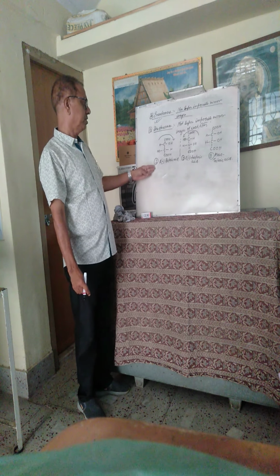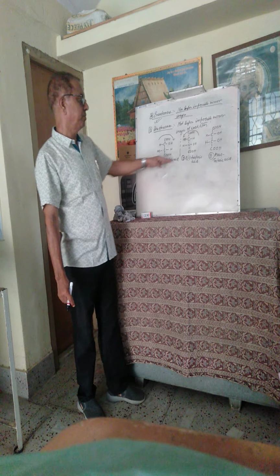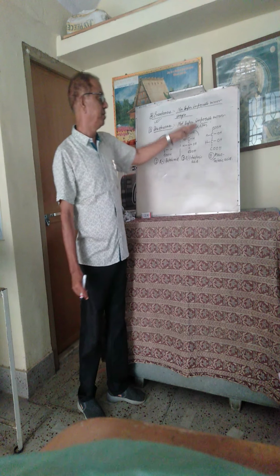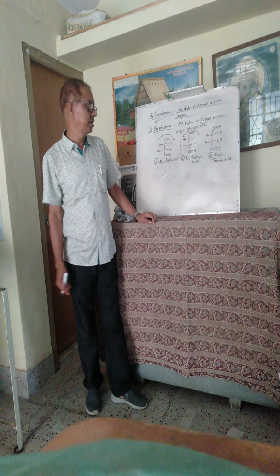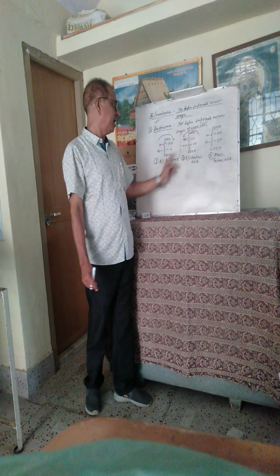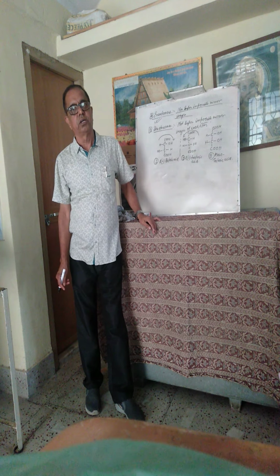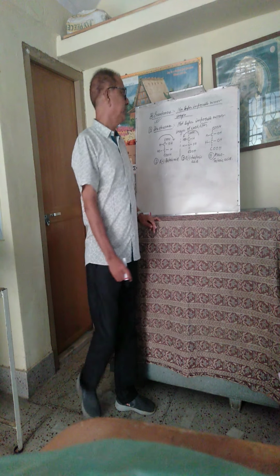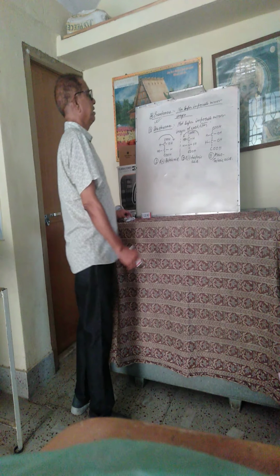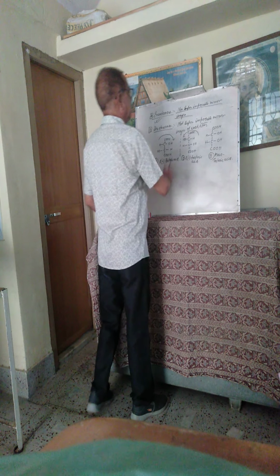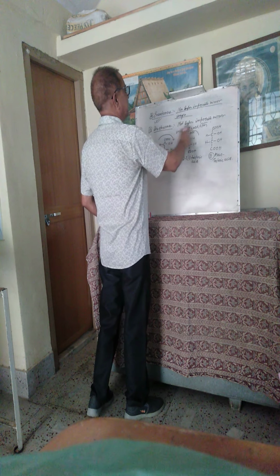Here, this is dextrorotatory, and these two structures are non-superimposable mirror images of each other. Why? This 1 and this 3 are not superimposable mirror images of each other.